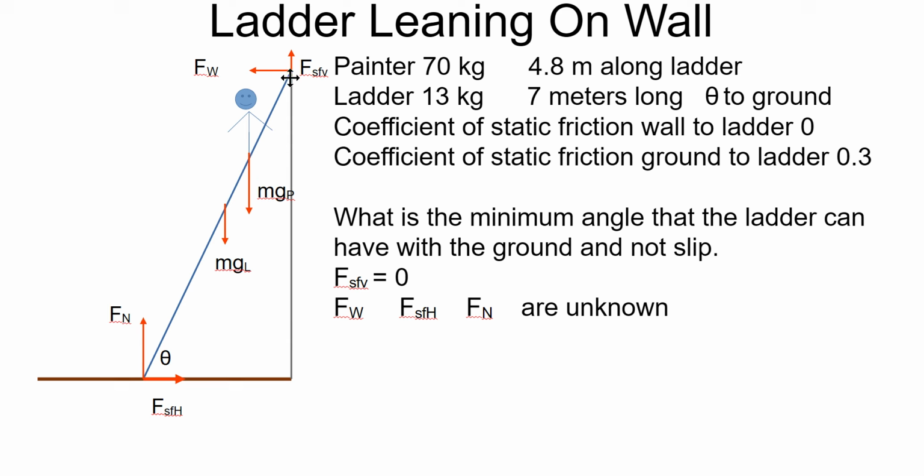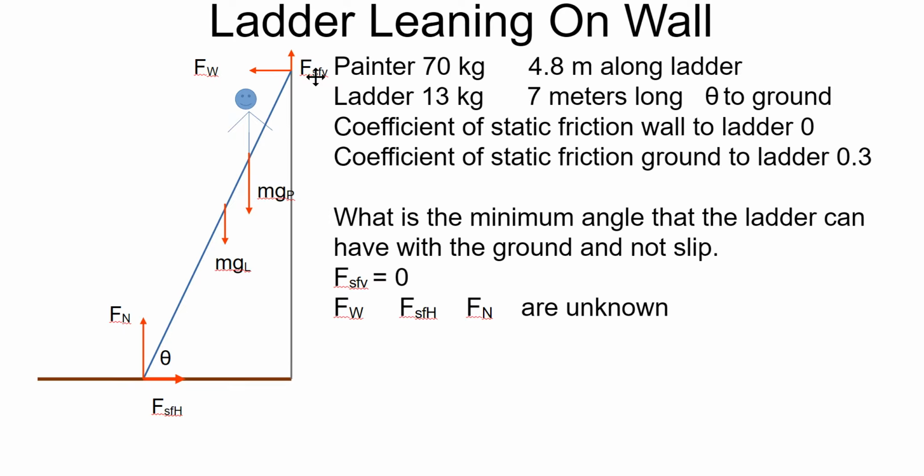At the top of the ladder, in the general case, the wall is pushing to the left on the top of the ladder. In the general case, there will be static friction vertically upward acting at the top of the ladder. Testing your memory here, what do you know about the static friction vertically at the wall here?